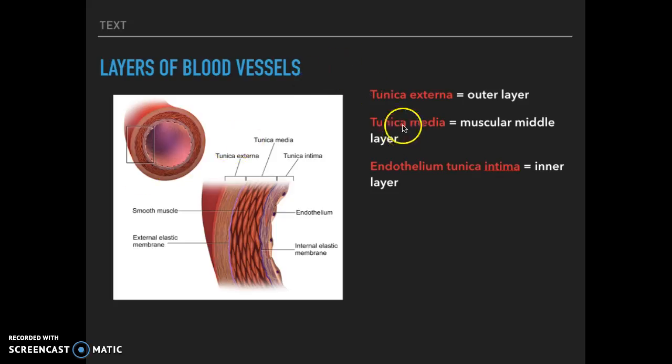You have the tunica externa, which is the outer layer, as you can see in the diagram, the tunica media, which is the muscular middle layer, and the endothelium, tunica intima, which is the inner layer. And these have roles that change throughout the different blood vessels because they're all carrying different pressures of blood.